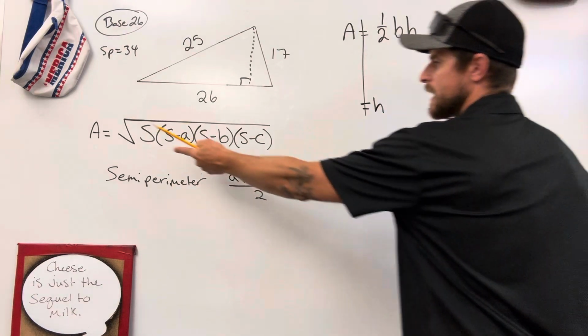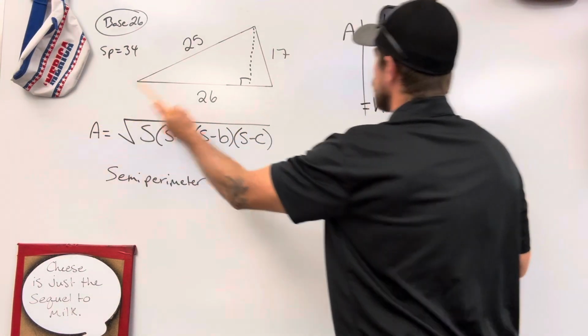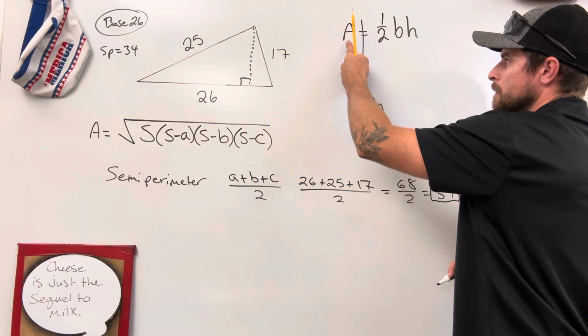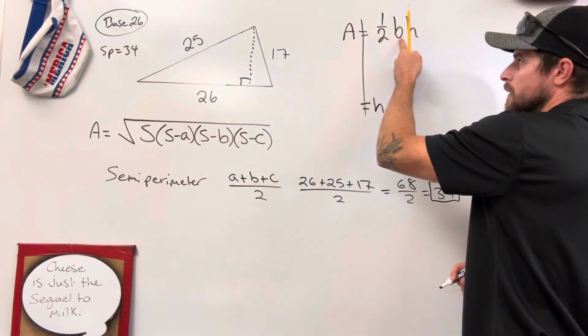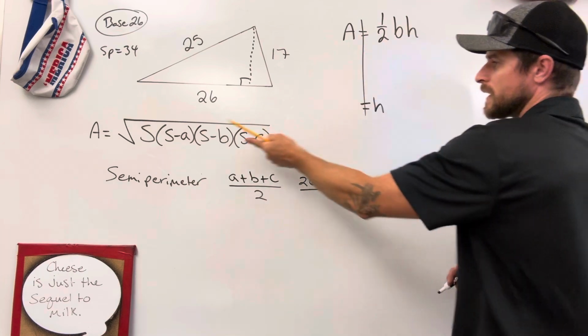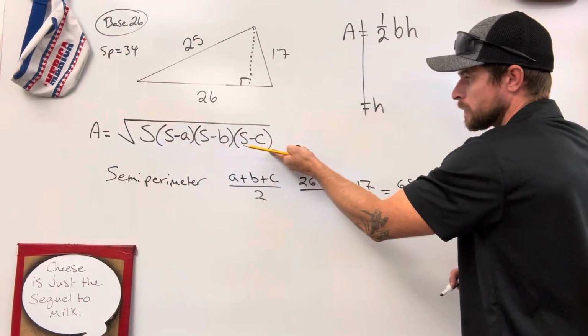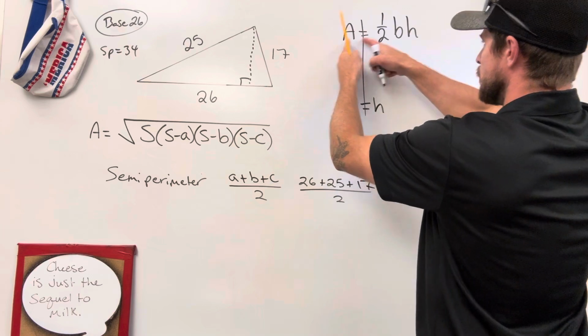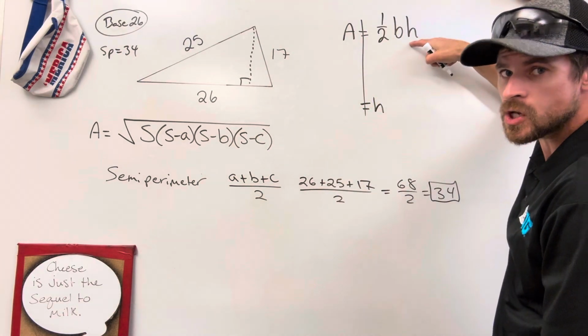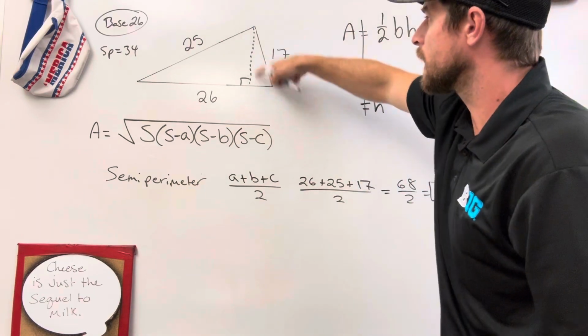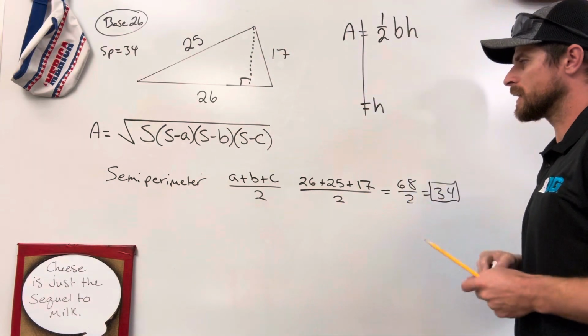So we're going to use Heron's formula to get A. We'll be able to put a number in for A. We already know our base is going to be 26. We wrote that down at the beginning, so we're going to be replacing B with 26. So once we find the area using Heron's formula, we'll put a number here, we'll put a number there, and the only variable left is going to be h. So we'll be able to solve for that variable and determine the height based off of our information.